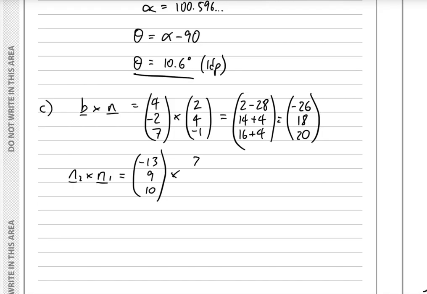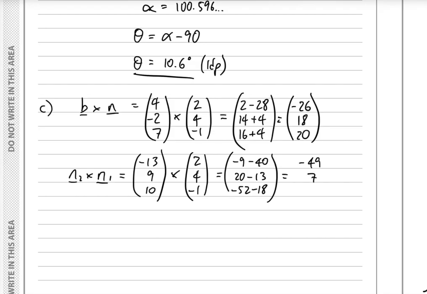So we're crossing that with (4, 2, -1), to get (-9 minus 40, 20 minus 13, and minus 52 minus 18). That is (-49, 7, -70). Oh, that's quite nice.